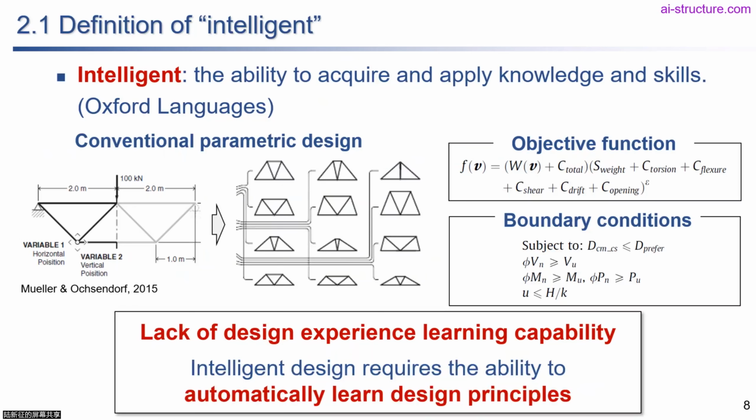Now we have many very good parametric design software packages, but in this software, all the objective functions and boundary conditions are defined by humans, and the computer cannot improve the program by itself. That means the computer cannot learn by itself. So we want to try algorithms that actually let the computer do the learning. I think that is a very important concept for AI.